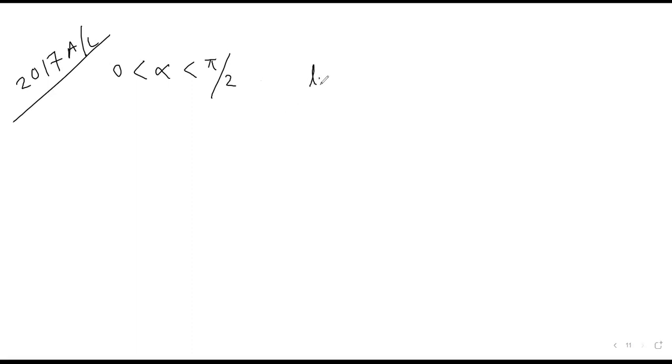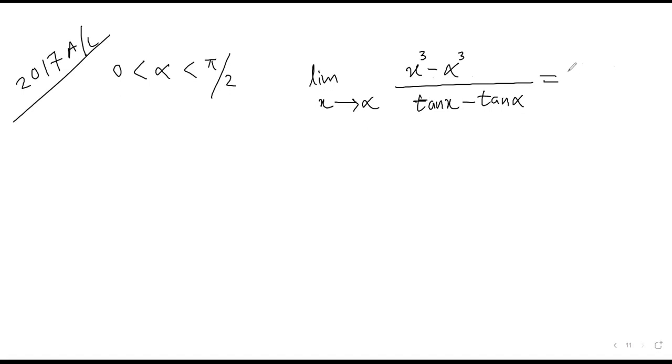Prove that the limit as x is going to alpha of x cube minus alpha cube over tan x minus tan alpha. You have to prove that it's equal to 3 alpha squared cos squared alpha.